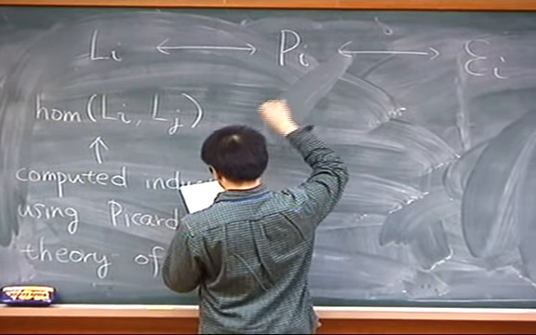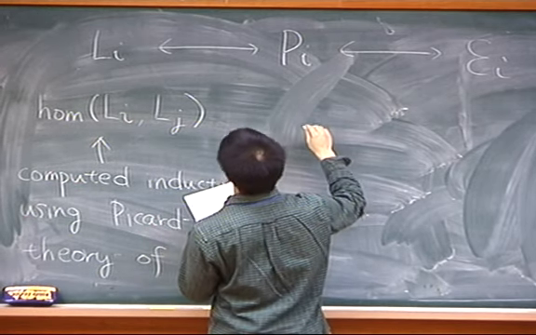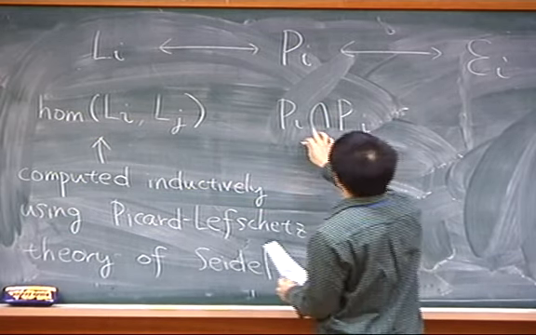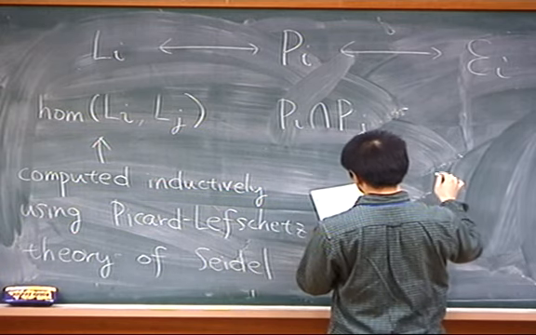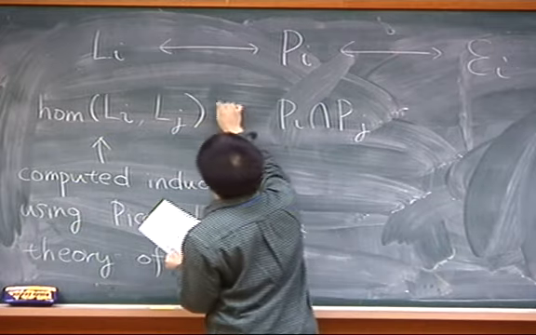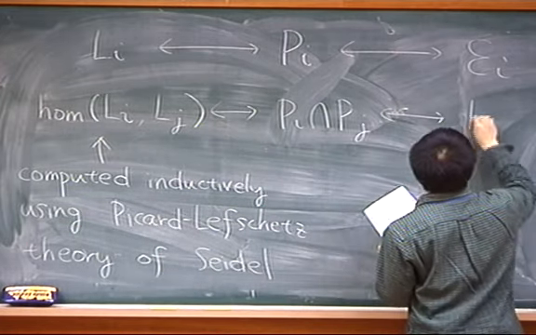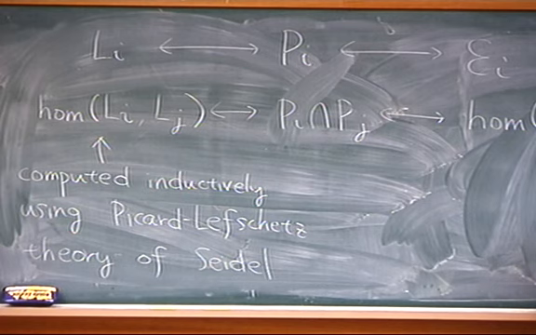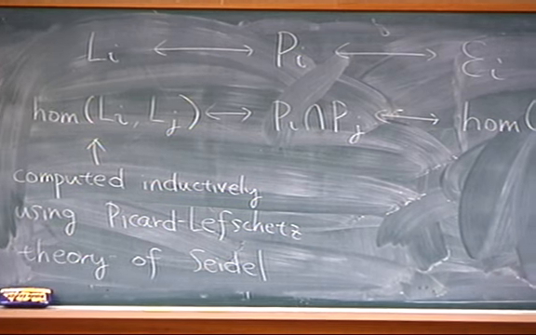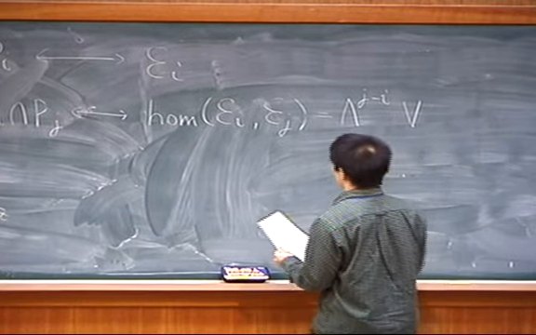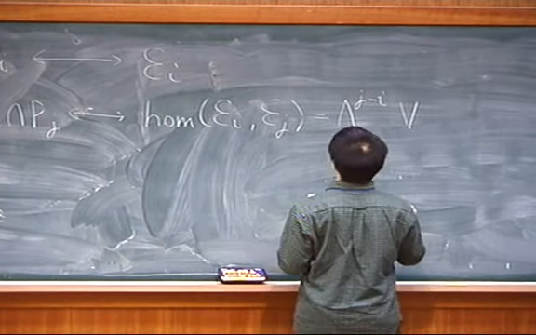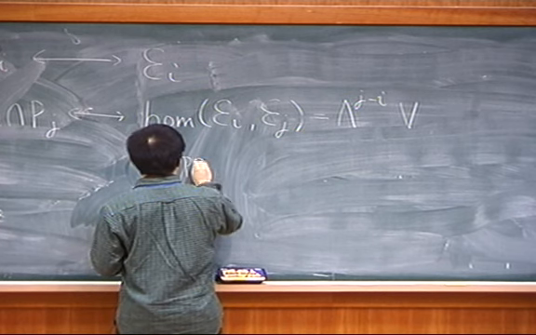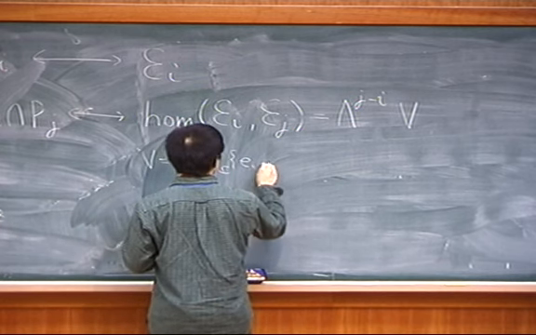So here we have the intersection of P_i and P_j, and this should correspond to the Hom of E_i, E_j, which turns out to be given by a vector space like this, where V is an n+1 dimensional vector space.